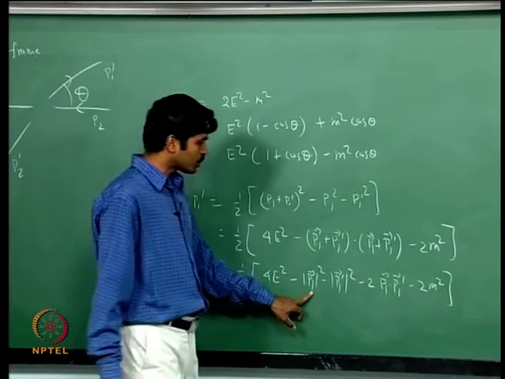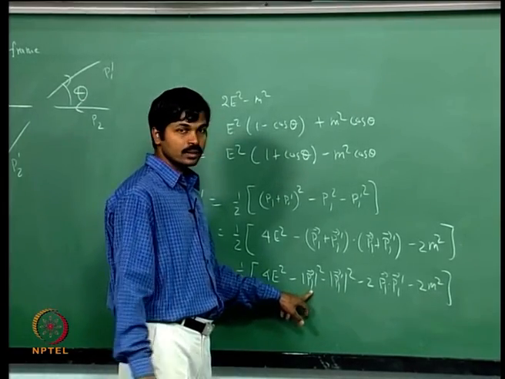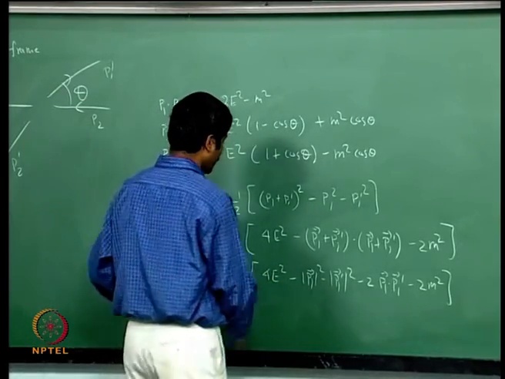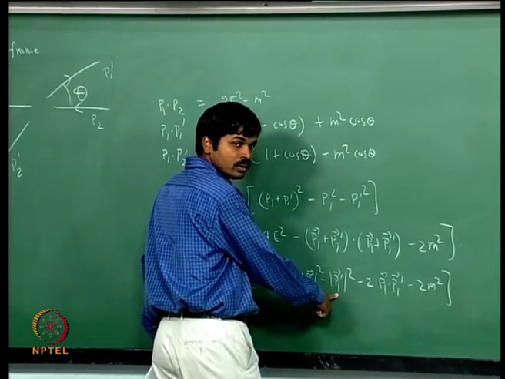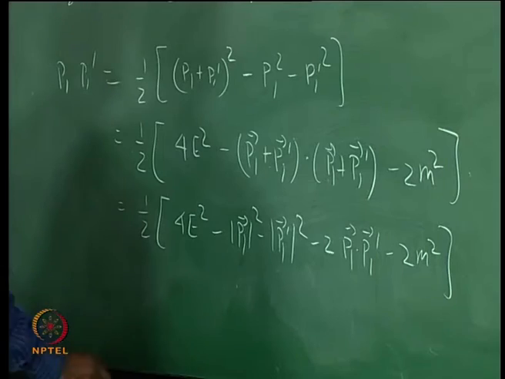What is mod P1 square? It is E square minus m square, and mod P1 prime square is also E square minus m square.